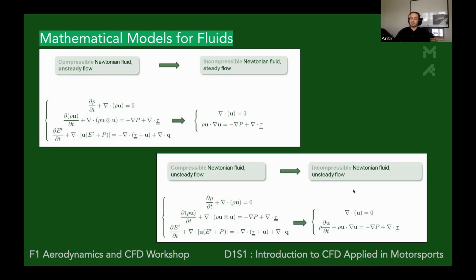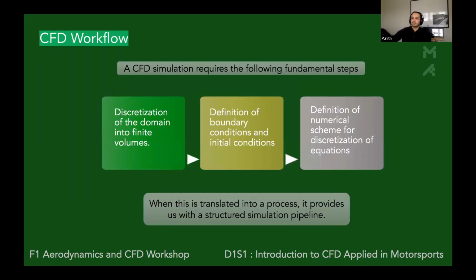You're solving unsteady flow. So the difference is you've got two things: steady flow and unsteady flow, and this is quite important to remember because we will talk about that tomorrow in a bit more detail. So fundamentally, those are the equations you're solving, and we'll start understanding a little bit more in detail how, why, what do we need to do to solve that, and all of those questions.